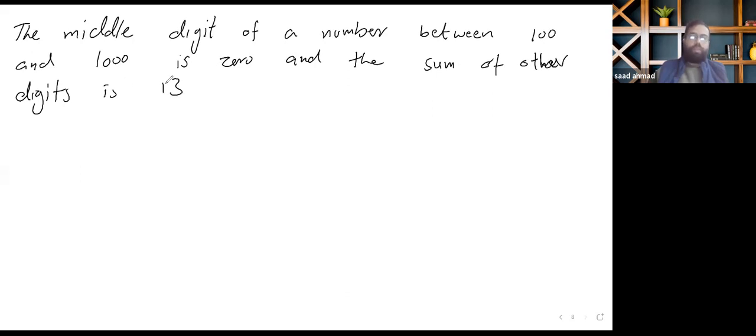Okay, so the middle digit of a number that is between 100 and 1000 is 0, and the sum of the other digits is 13.